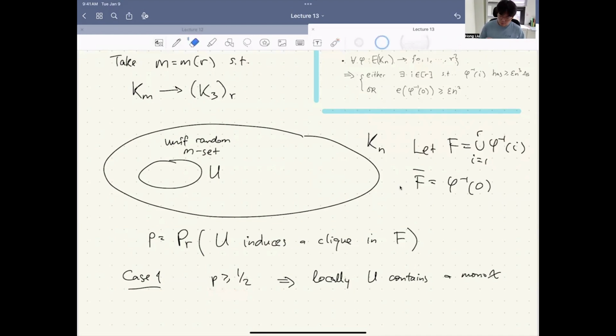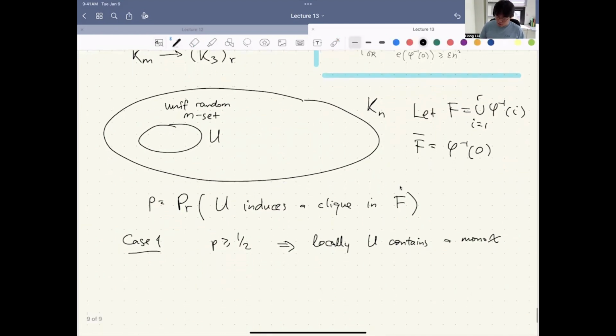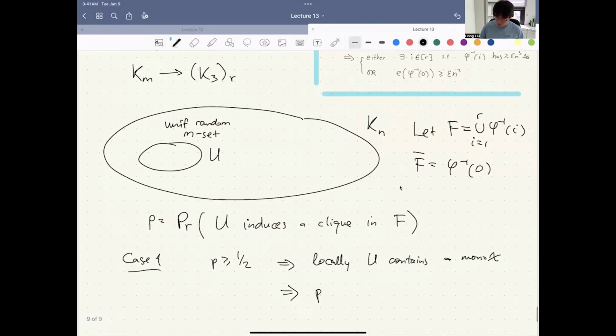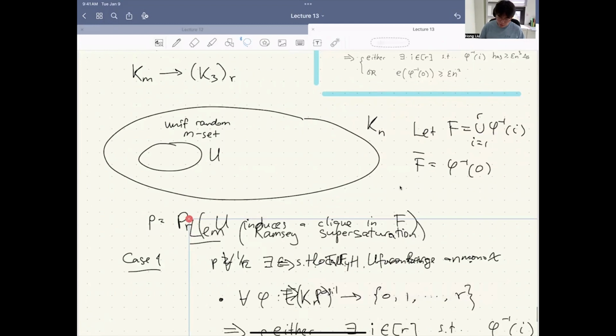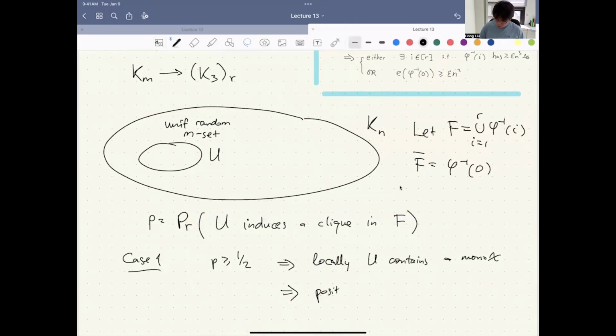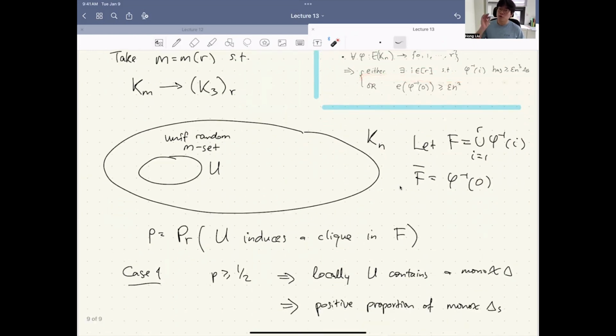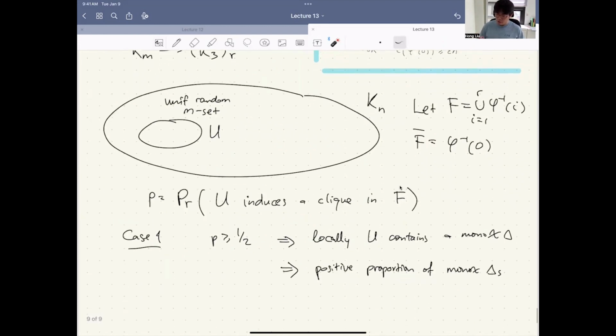Then by averaging, this implies a positive proportion of monochromatic triangles, which yields the first alternative. So some color must have a positive proportion of triangles. We have alternative 1.